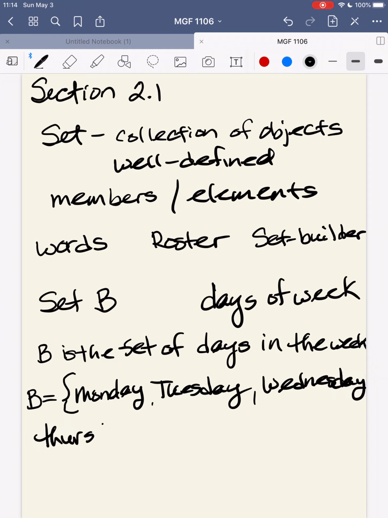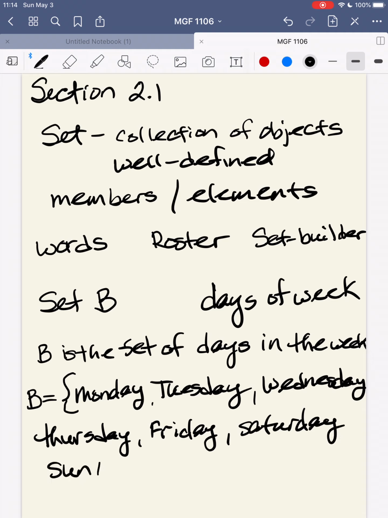Thursday, Friday, and Saturday, almost there, Sunday. And then I close off with a brace, and these really should be capitalized too. And that is my roster method.